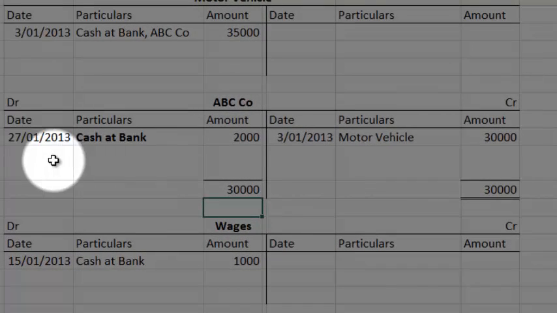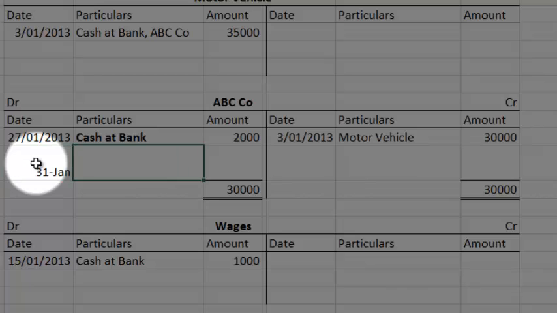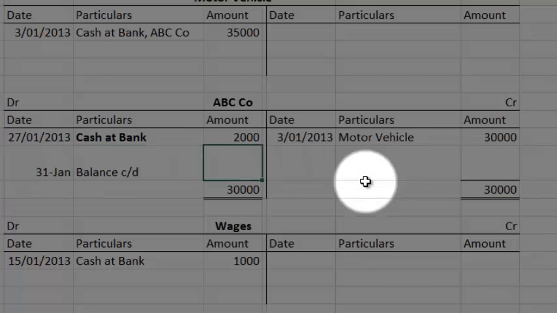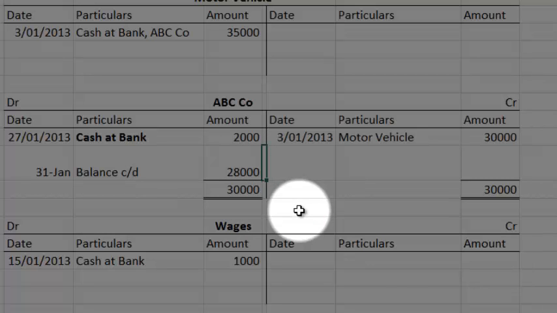The balancing mechanism has to appear on this side. There we are. Balance carried down. And that's the difference between that figure and that figure, and you can work that out just in your head. That's $28,000. So that's the way that we use the mechanism.